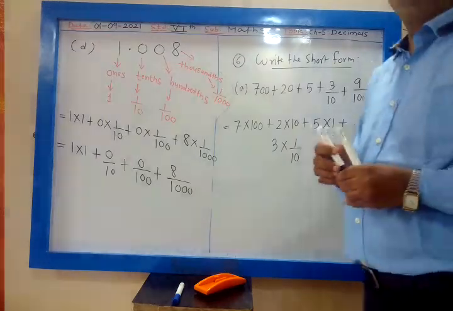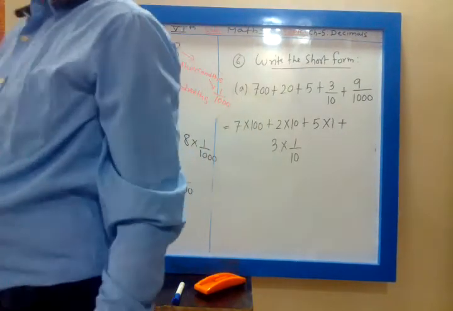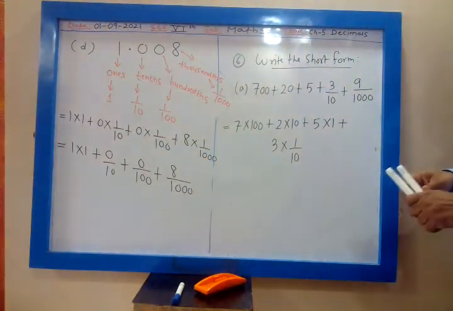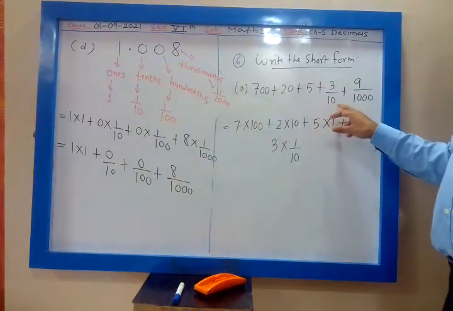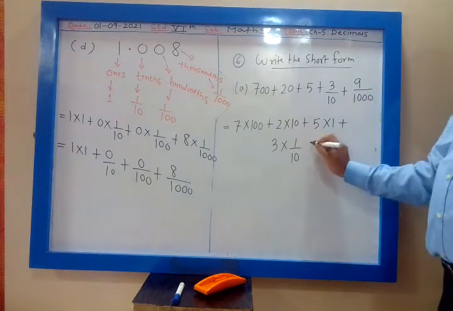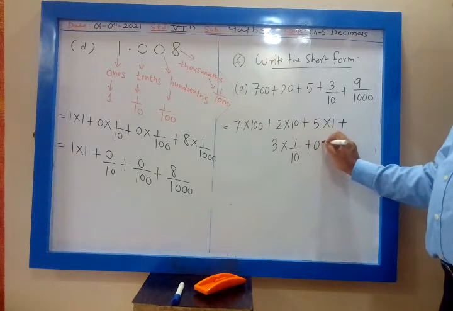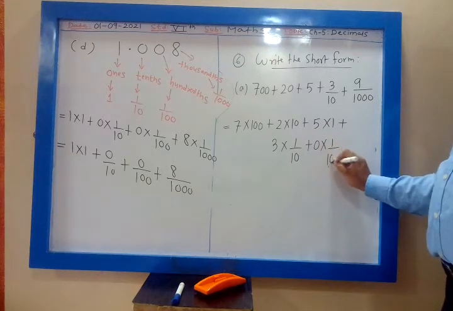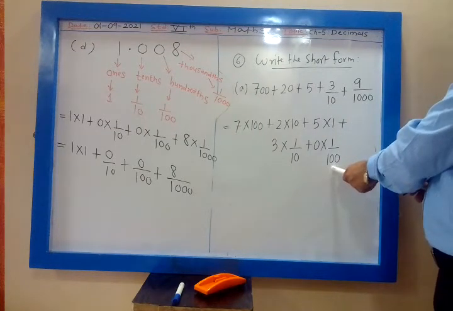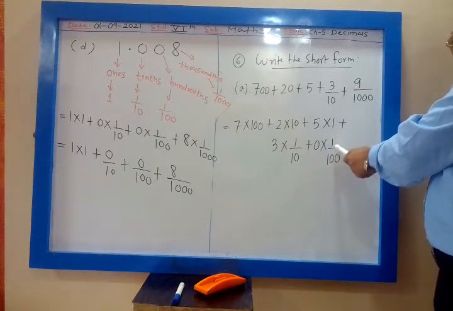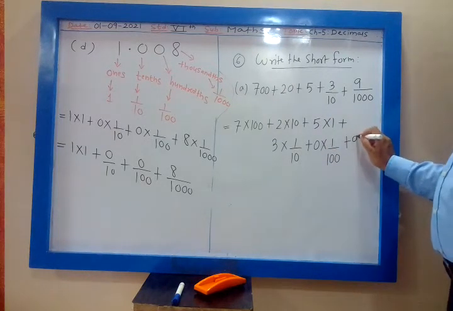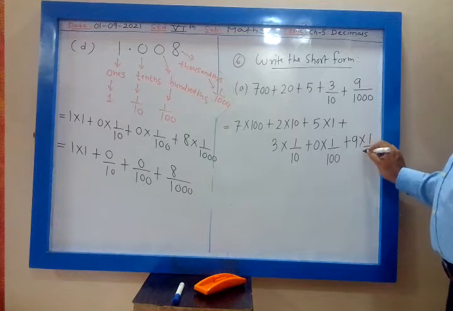Now see here, between 10 and 1000, 100 is missed, no? So for 100 what will I write? I will write 0 into 1 upon 100. Between 10 and 1000, 100 is missed, so for 1 upon 100 we take 0, and 9 into 1 upon 1000.